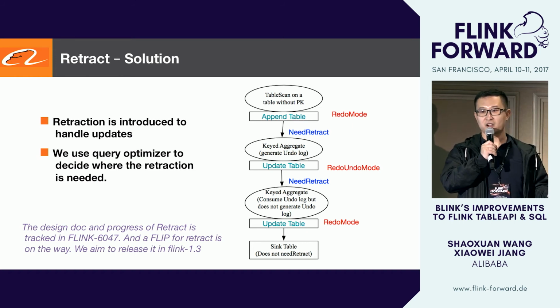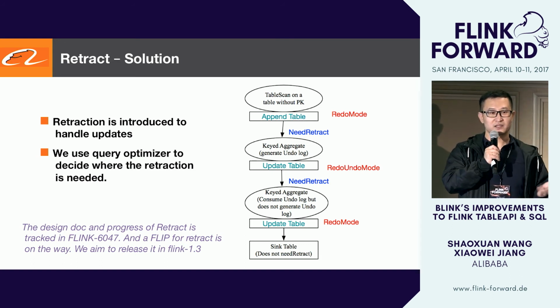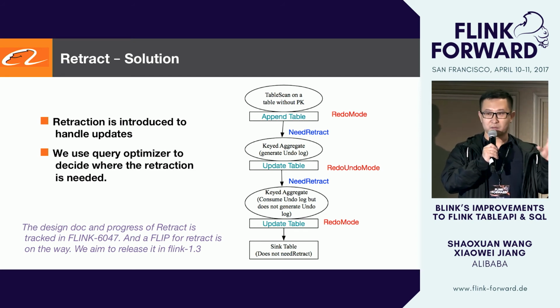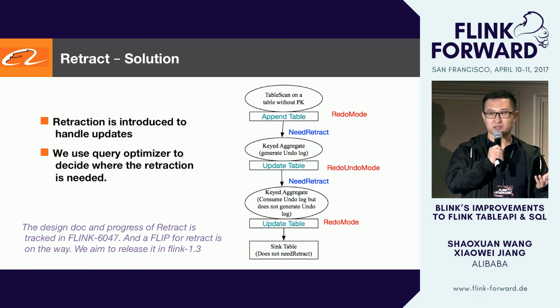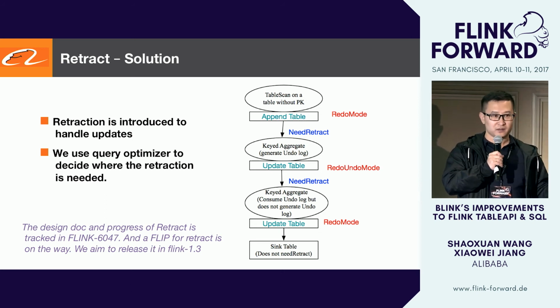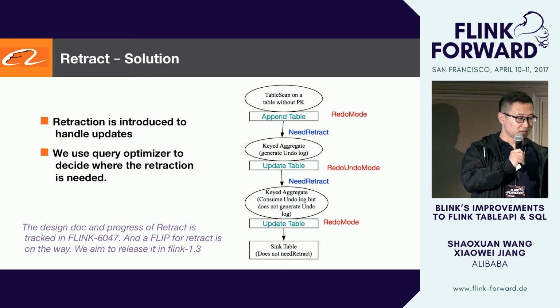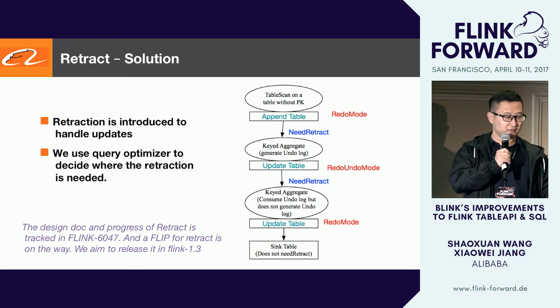Luckily, Flink uses Calcite. Calcite has a query optimizer. We do this in the step of the query optimizer. So when you write a query, we send it to the query optimizer, which understands your plan and detects where the retract is needed or not. The retract is very big and complex. I'm hoping this gives some initial background. If you're interested, you can look at this in Flink, and we are going to also post a FLIP for this.